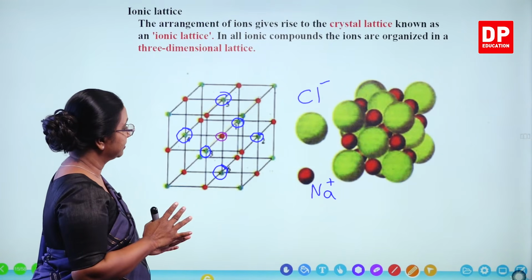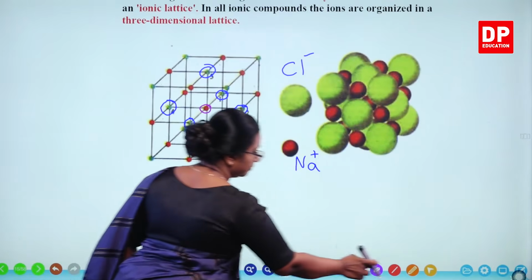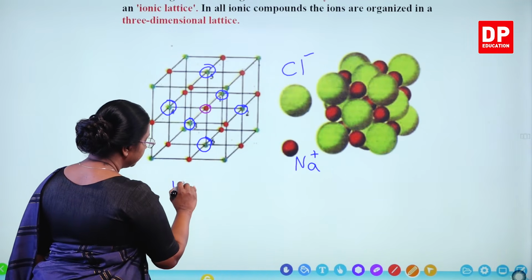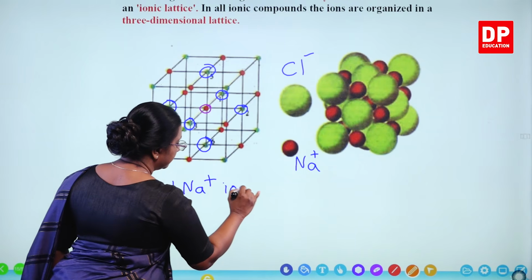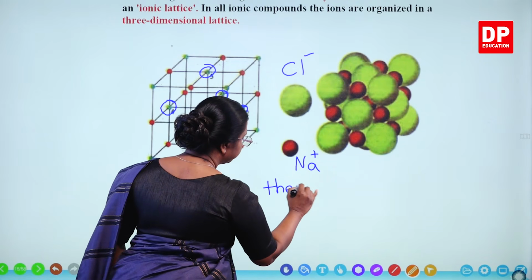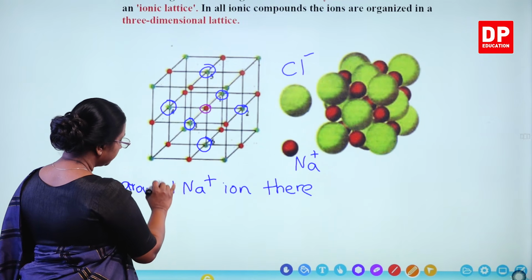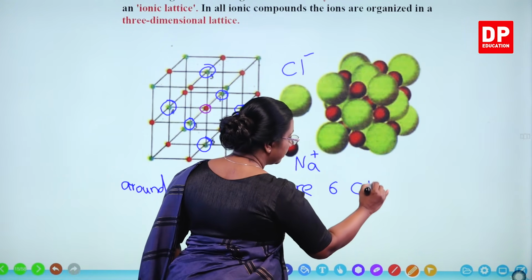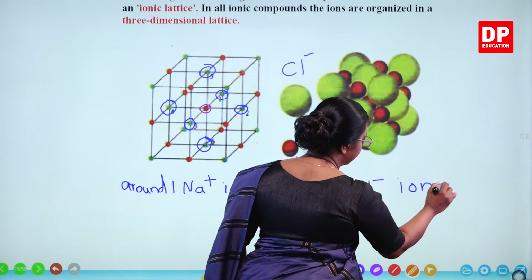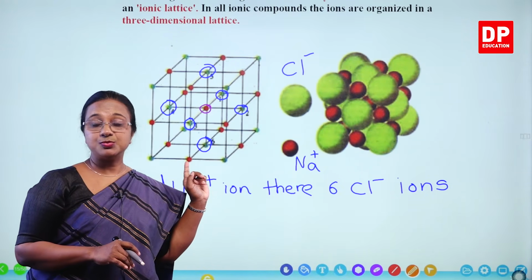So always around one sodium ion, there are 6 chloride ions. The same goes for chloride ion as well.